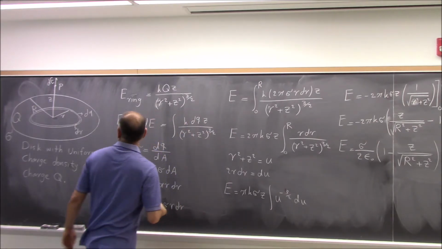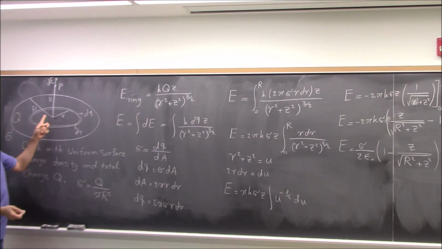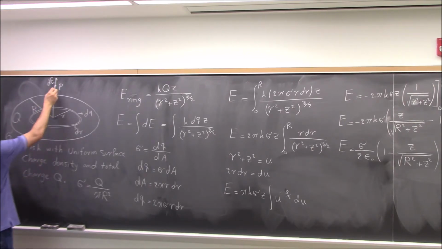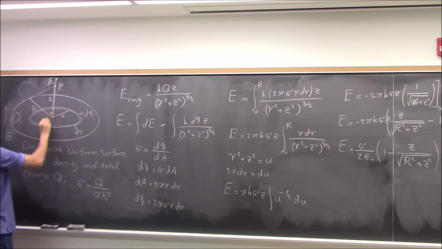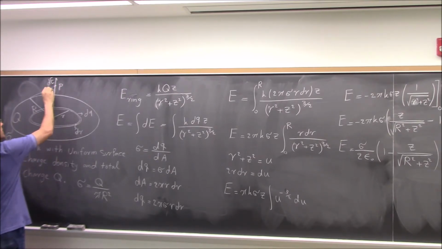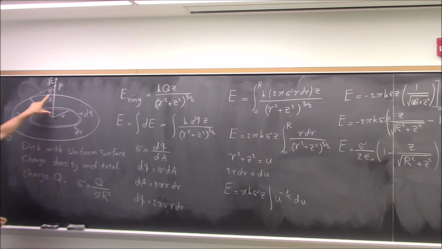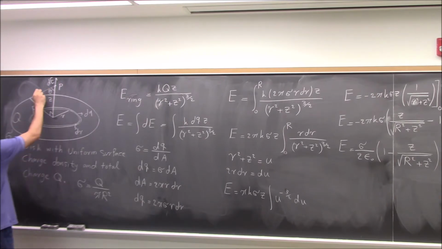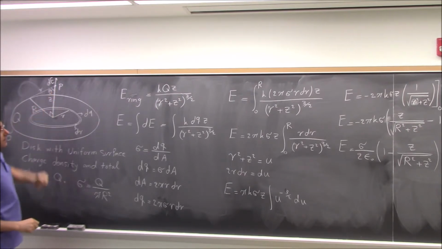And if you look at this situation, if this is a right triangle and this angle is theta, z divided by the square root of r squared plus z squared, which is this hypotenuse, z over that becomes cosine theta.